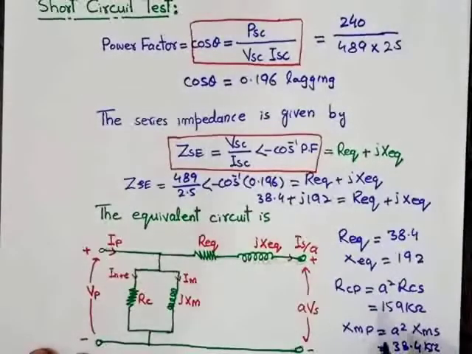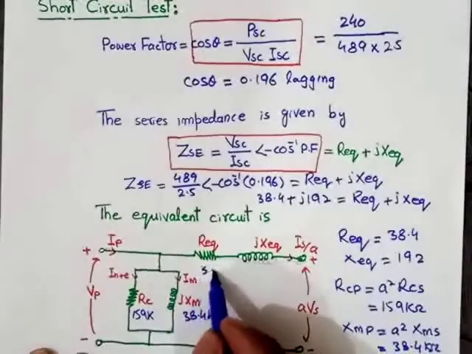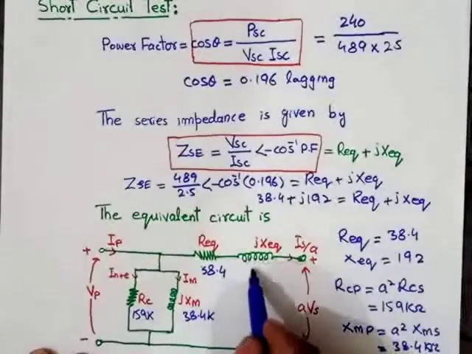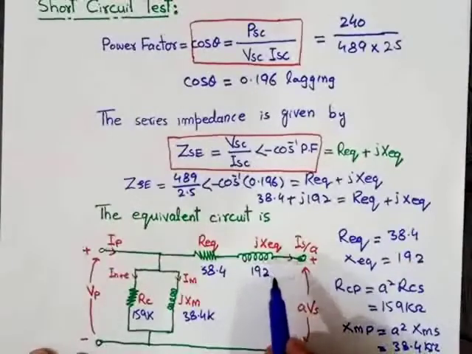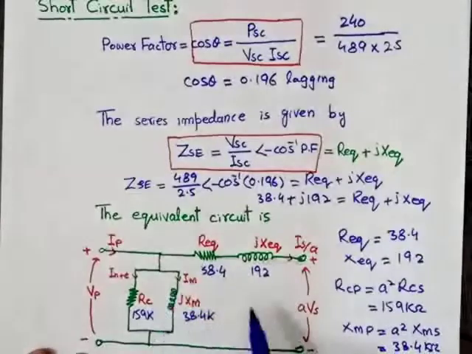The value of RC is 159 kilo ohm and the value of XM in the primary side is 38.4 kilo ohm. The value of R equivalent is 38.4 ohm and the value of X equivalent is 192 ohm. So this is the resulting equivalent circuit.